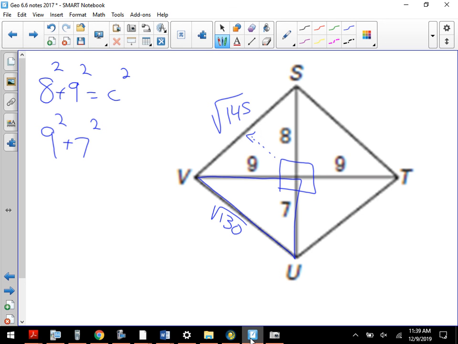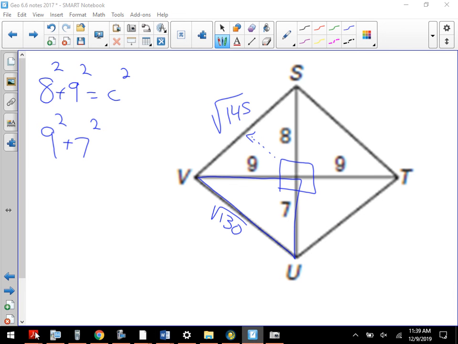Now, obviously, the other two sides would be the same. ST would also be root 145, and TU would also be root 130, because, like I said, it was a kite. See how the 9s are both above the one diagonal, and the 8 and 7 are to the left of the other diagonal? That means they correspond to the same segment. You'll see that a lot, so that way you know the full lengths.